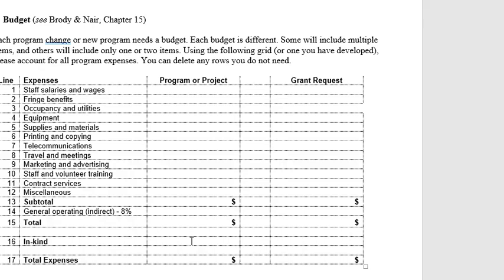And in-kind are non-cash items that contribute to your program. So this could be non-cash goods, non-cash services, labor like volunteers. This is non-cash, but you're required in your budget to convert it to cash.